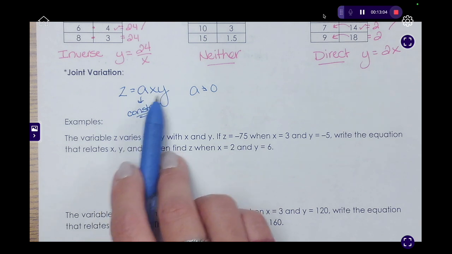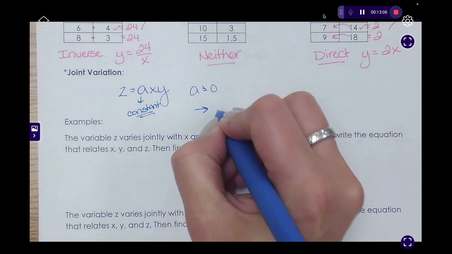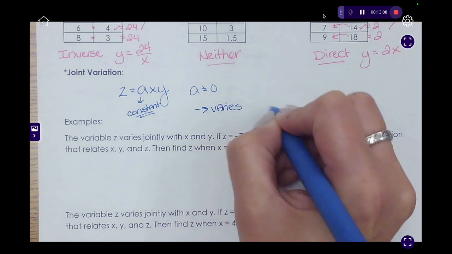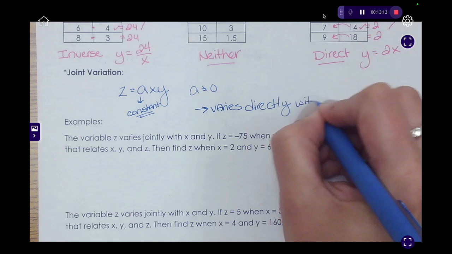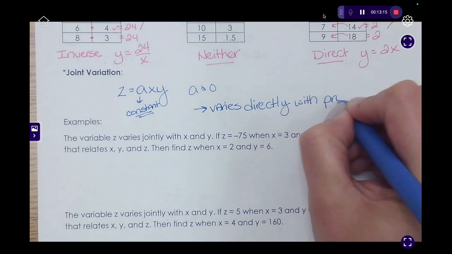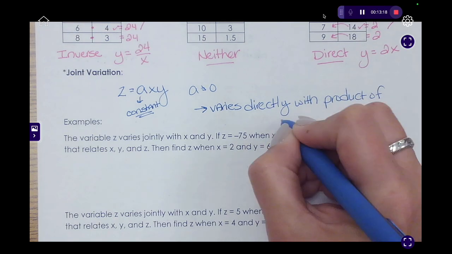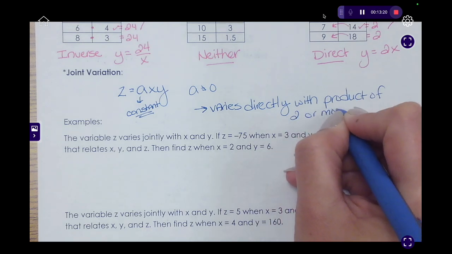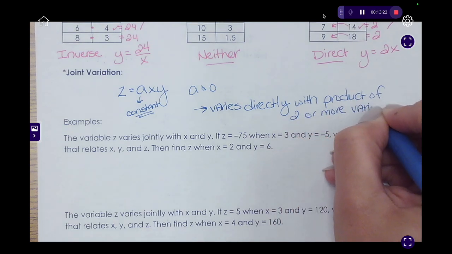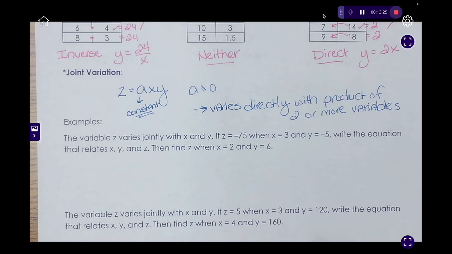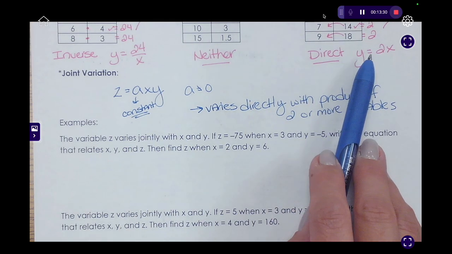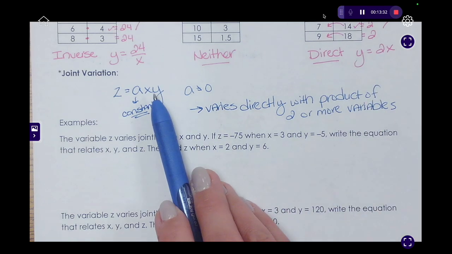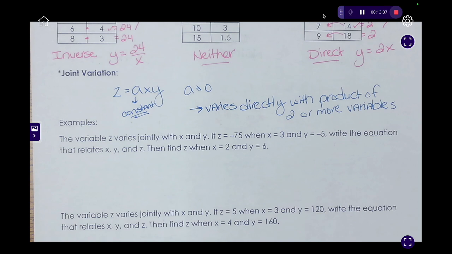So this means it varies directly with a product of 2 or more variables, because realize this is very similar to direct variation where it's just y equals a times x. We just threw in another variable. So now we have x and y on this side, and you still have that constant of variation.